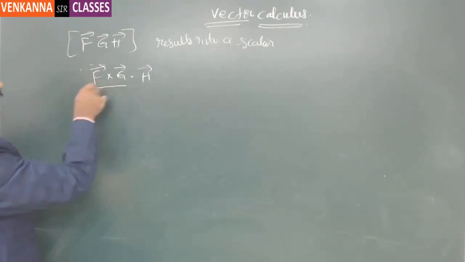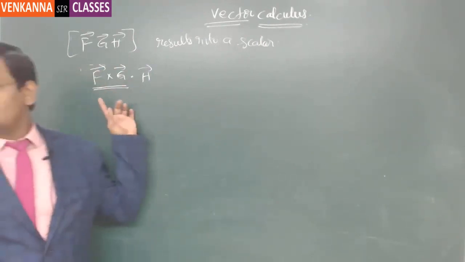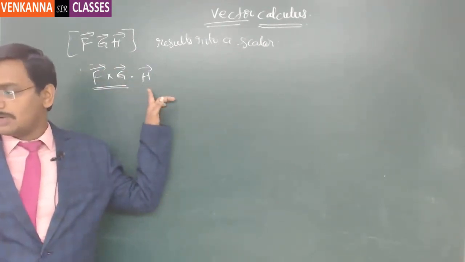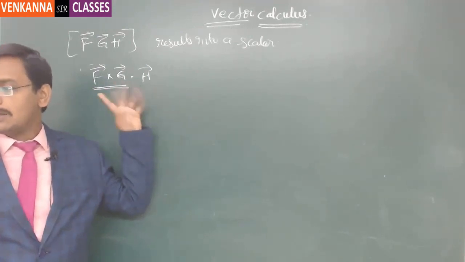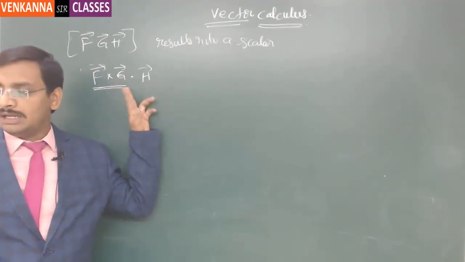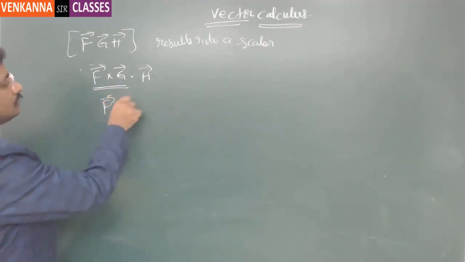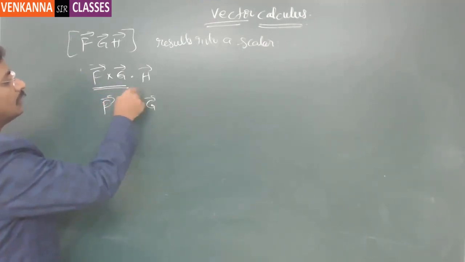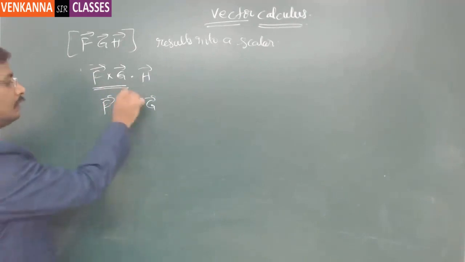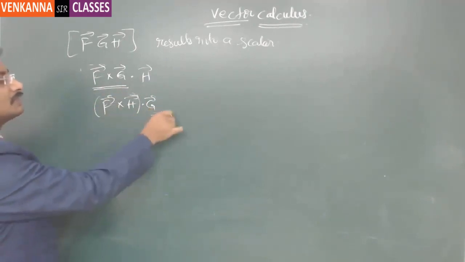Now here, f cross g you need to do first, then you can come back for the h. The order doesn't make any difference. You can take any order. Even if you take f cross h dot g, it will not make any difference. But this needs to be done first, then the next. Why?